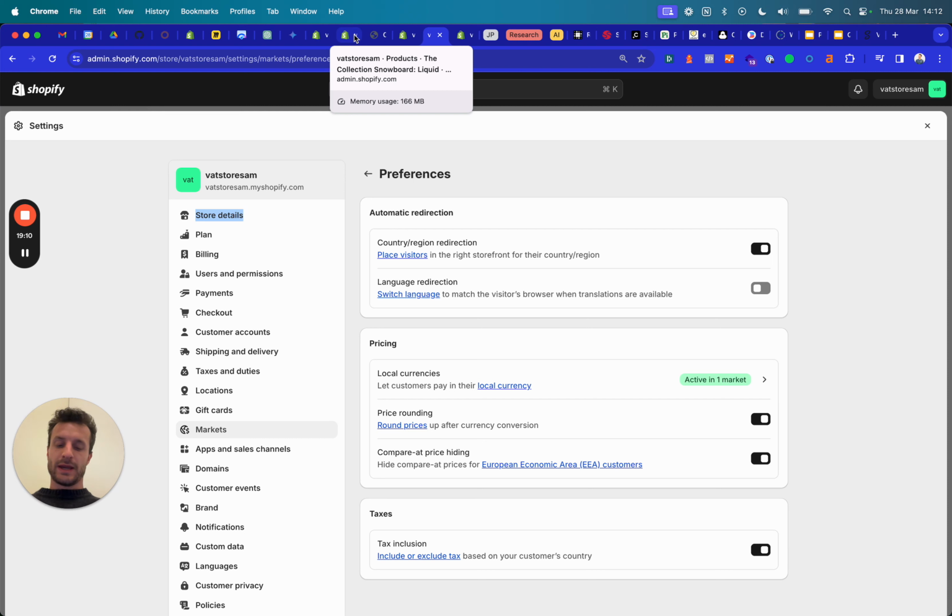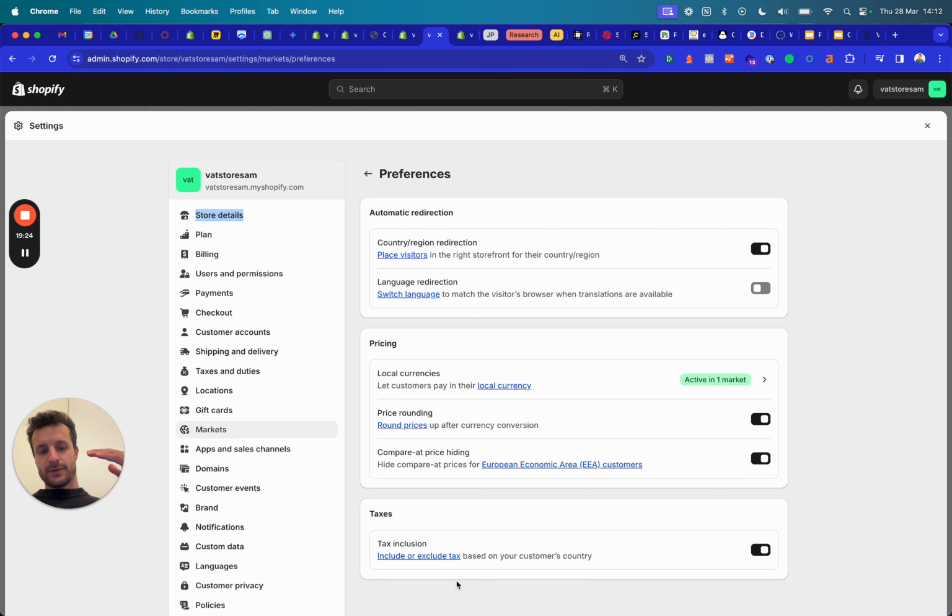A German will pay 119, a Belgian will pay 121. A second case, if we uncheck this box, B2C customers will always pay 121, either in Germany or in Belgium, but B2B customers will also pay 121 without taxes, but they will still pay 121.